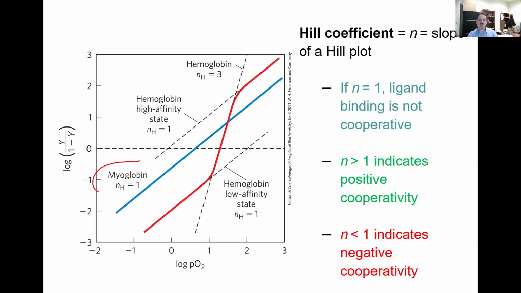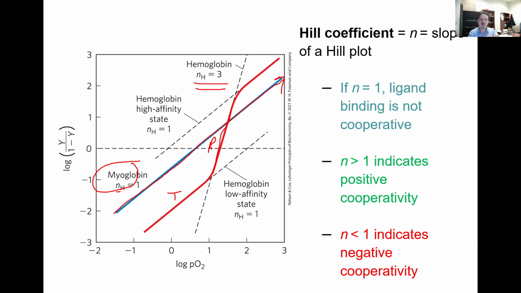Myoglobin has got nothing that influences it. So n is just 1. So it's just a straight line. There is no slope. Or the slope is 1, rather. Now hemoglobin, remember, it can flick between the T state and the high affinity R state. When in the high affinity R state, it's steeper, and it's about 3 times cooperation, meaning that 3 times less oxygen is required to fill up the protein.